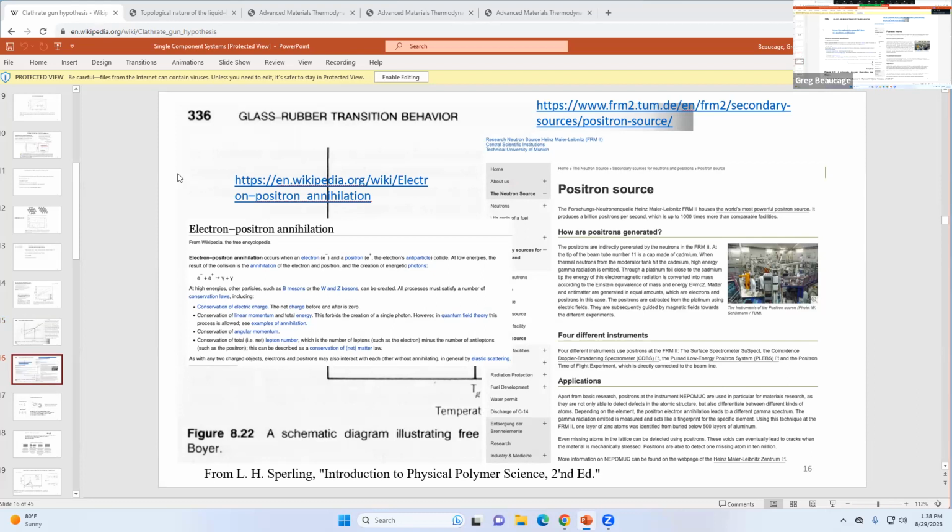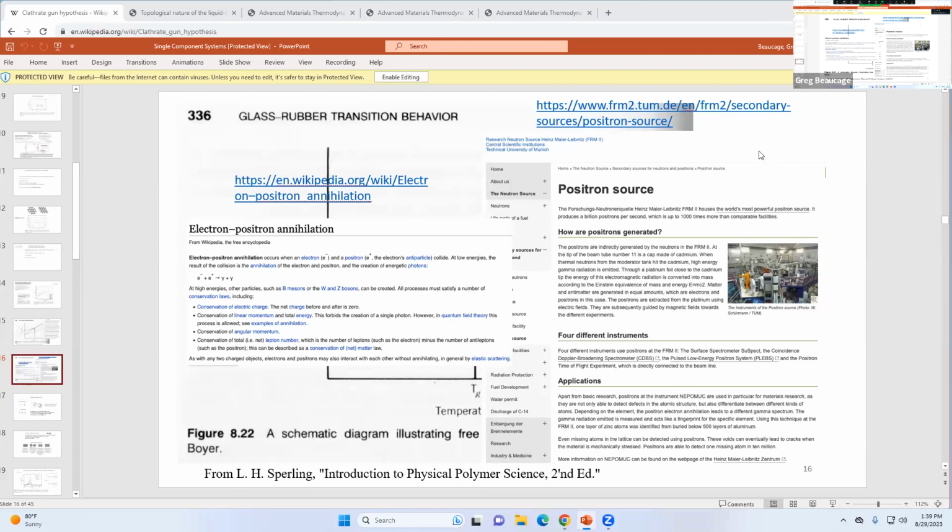So you can put that kind of metal next to your sample and measure the energy given off when the positrons annihilate. So people do this positron annihilation spectroscopy to measure the free volume. You can imagine you don't make a lot of money doing that. This is one of those esoteric things that people do.